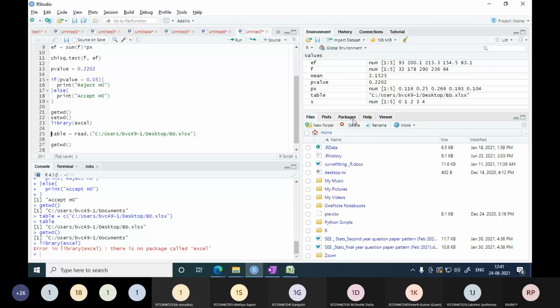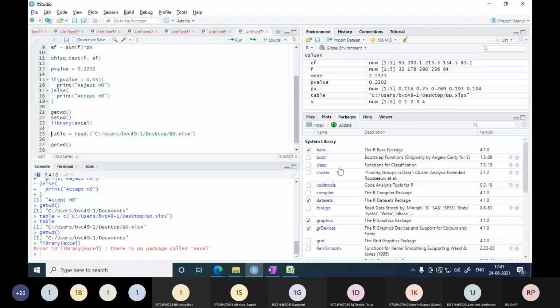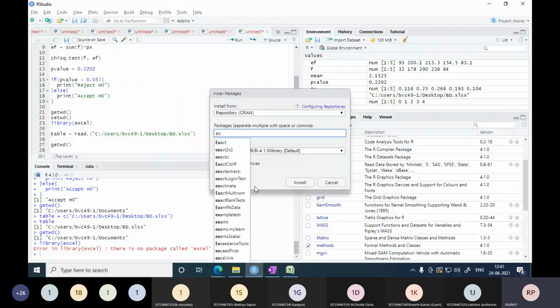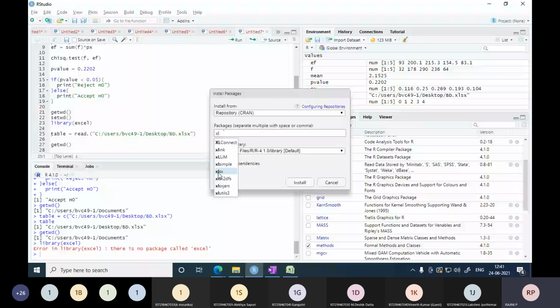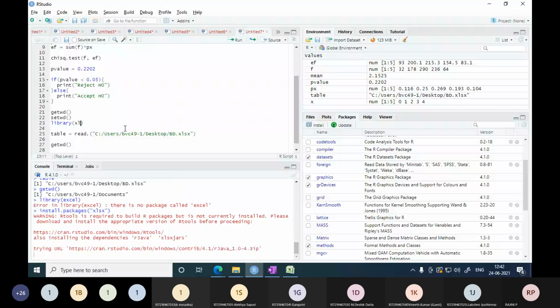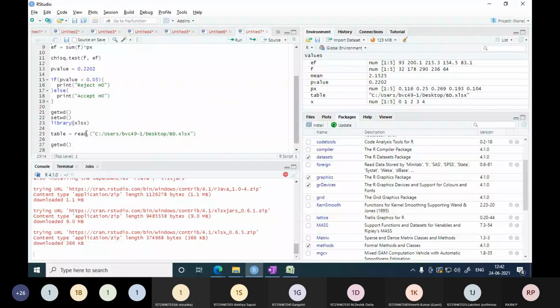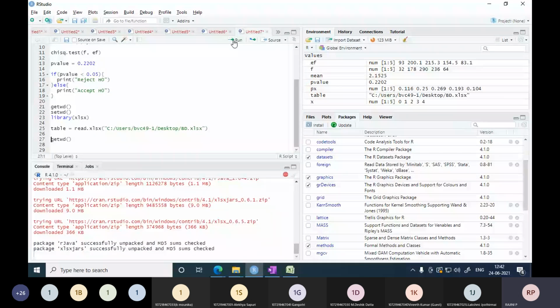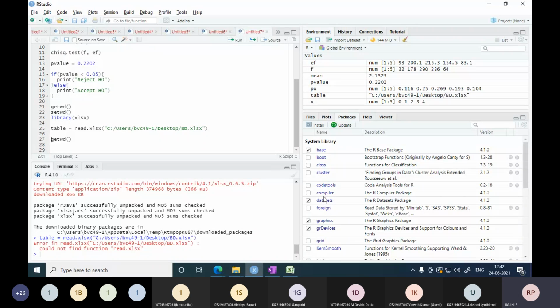Packages, xlsx. Yeah, it is installing. CSV files we can read directly here without calling any library.